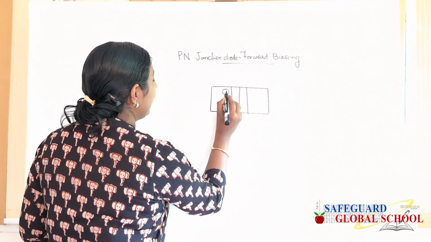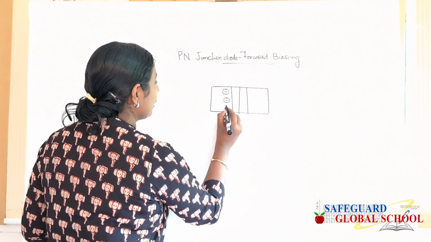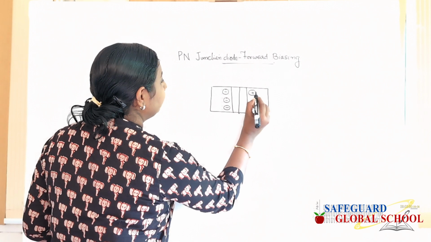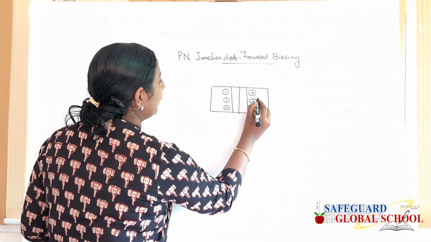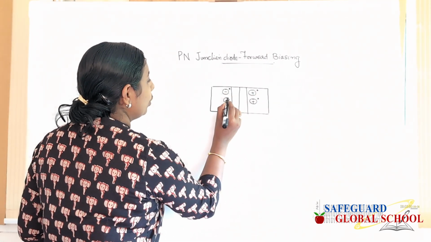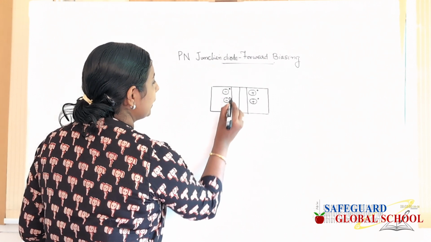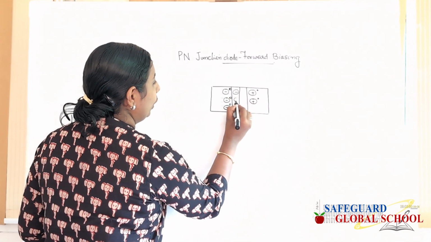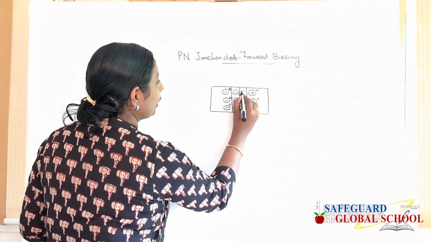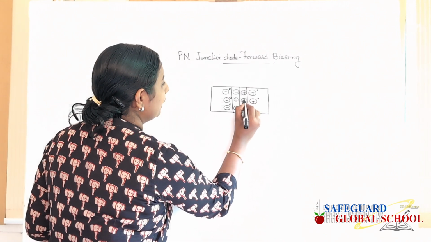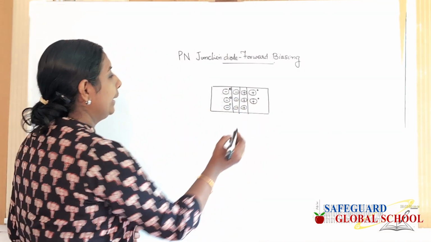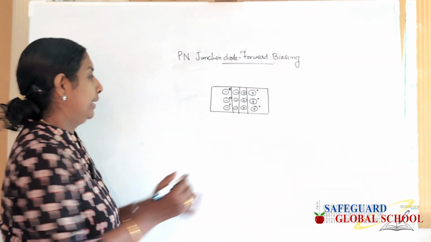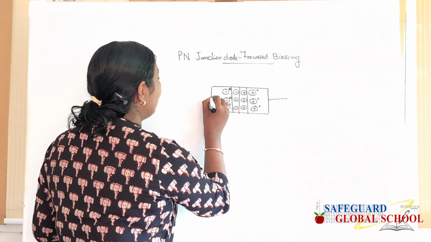There are acceptor cores here, donor cores here with the electrons, acceptor cores with the holes here, and there is a space charge region in between where there are only acceptor cores and donor cores and no mobile charge carriers. Now we are going to fit this PN junction diode to a battery.